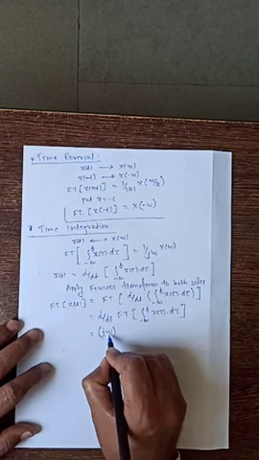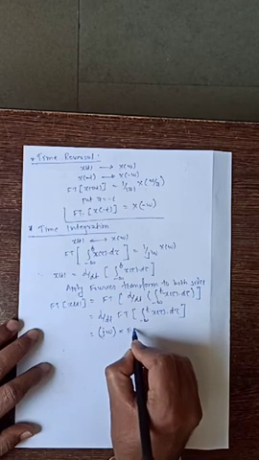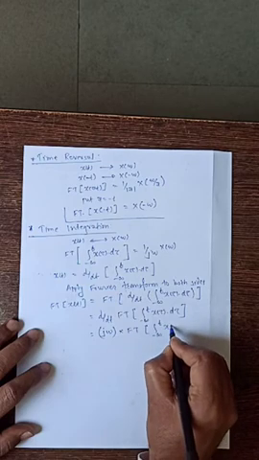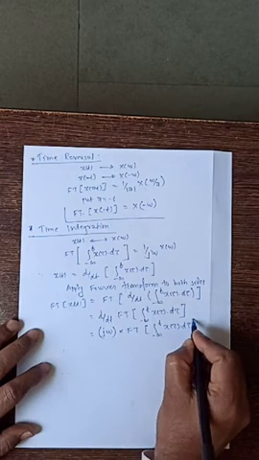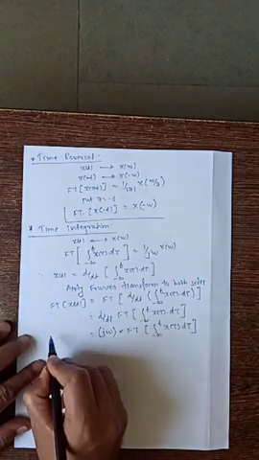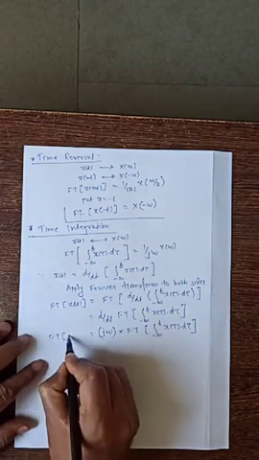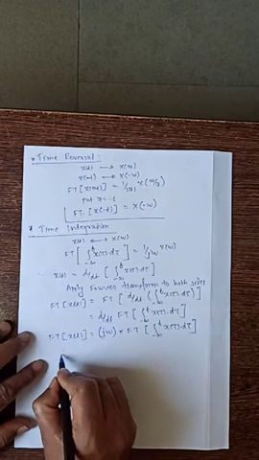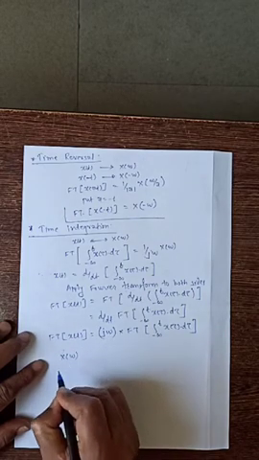So here j omega multiplied by the Fourier transform of the integral from minus infinity to t of x(tau) d tau. Now on the left hand side, this is the Fourier transform of x(t), which is equal to X(omega).